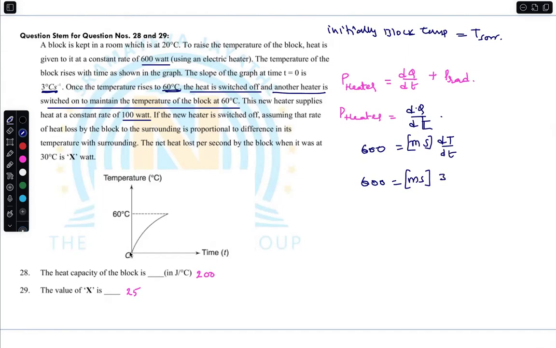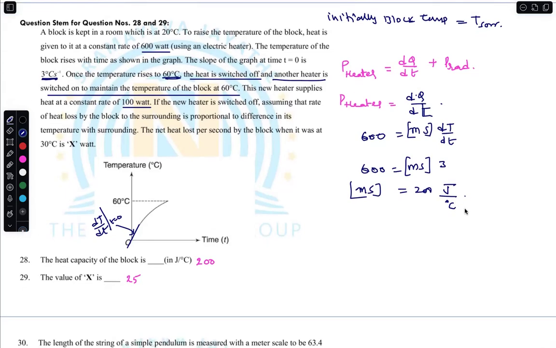This is the slope initially, dT by dt at t is equal to 0, that you have given as 3. Right. Now, yes. So now the question is, what is MS? MS in this case is 200 joule per degree centigrade. Done. The first part of the question is easy.